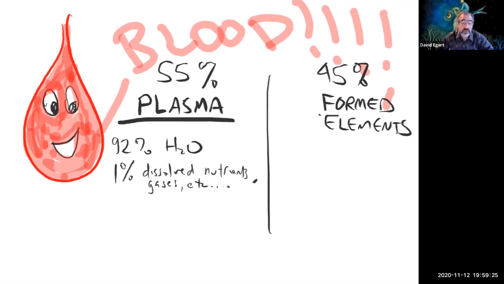It doesn't take up that much volume. If I take a spoonful of sugar into a glass of water, the volume doesn't change much. So you've got 92% water, 1% dissolved substances, and the other 7% are plasma proteins.